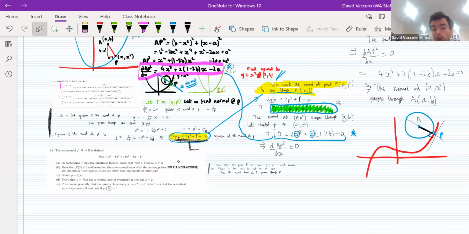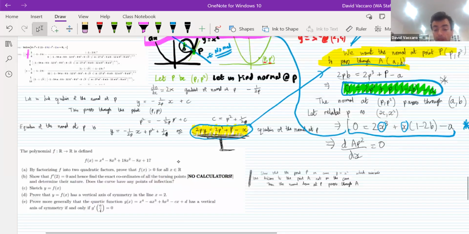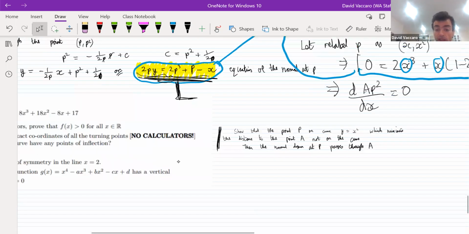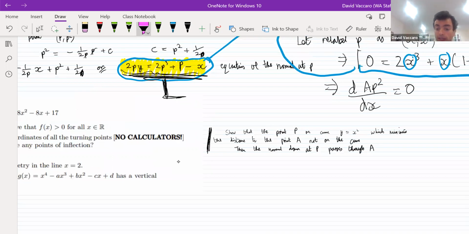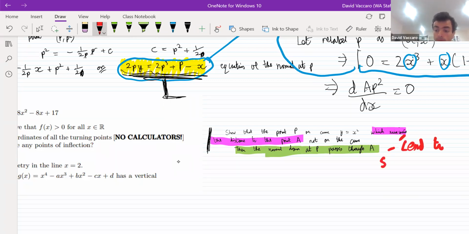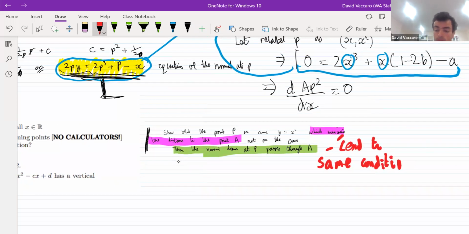The only way to attempt this question is to show that minimizing the distance to point A and the algebraic condition that you get that the normal drawn at P passes through A, that these two things lead to the same condition on the point P, but you never actually find P.